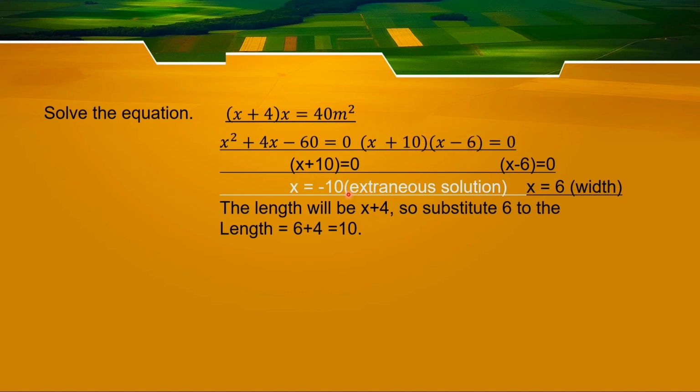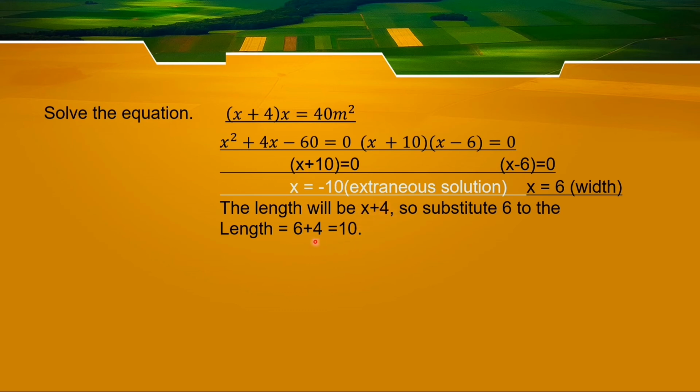Then we equate the two to 0. Then we get the first value of x as negative 10, which is the extraneous solution, and the second value of x is 6. So definitely this is our width. Then to get our length, we simply add 4 to 6.